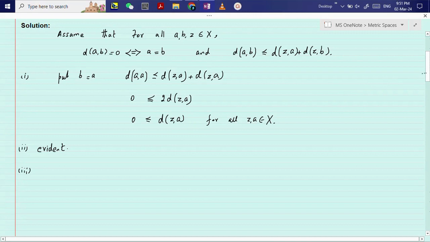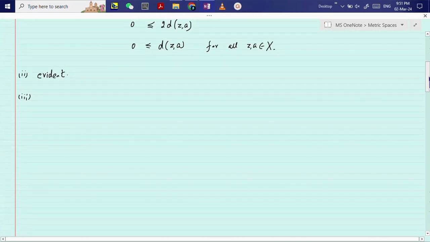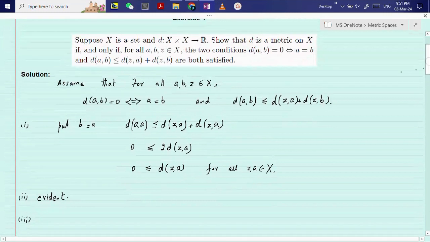The third property is that D of AB is equal to D of BA, which is called the symmetric property. So we prove the third property here. We use the assumption, D of AB is less than or equal to D of ZA plus D of ZB.